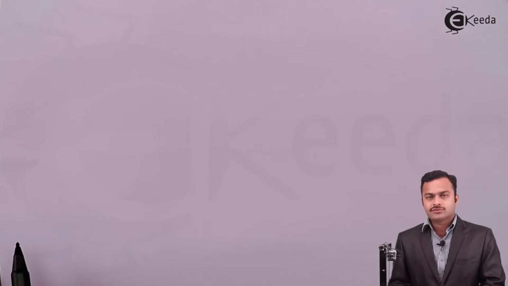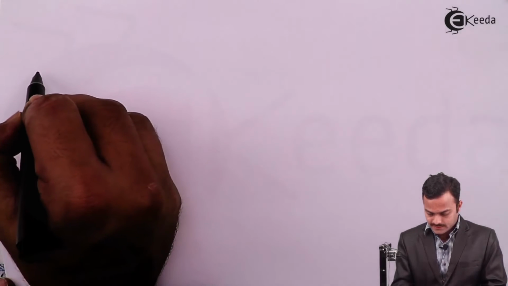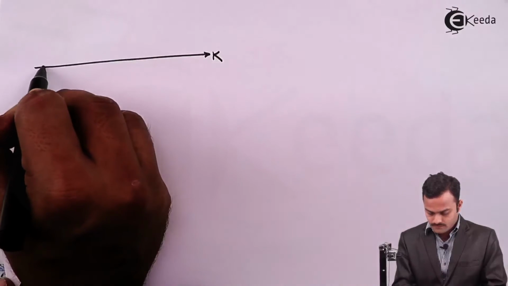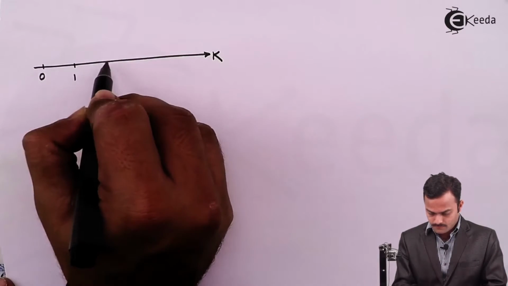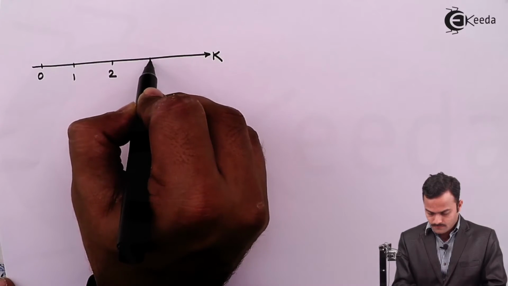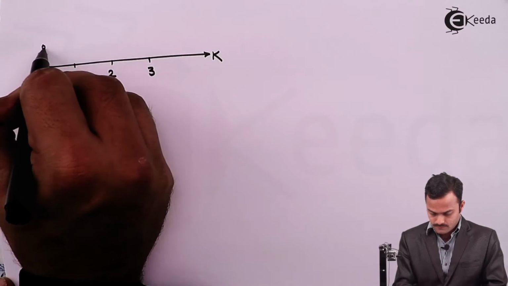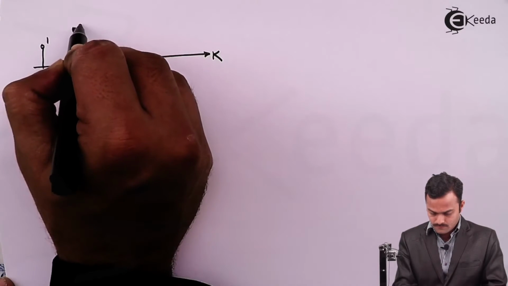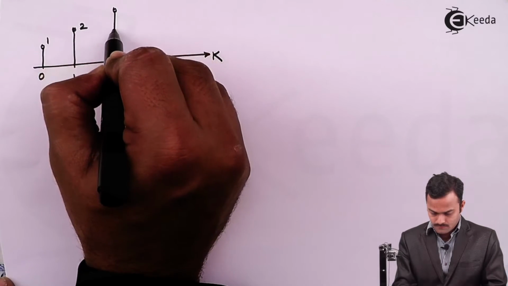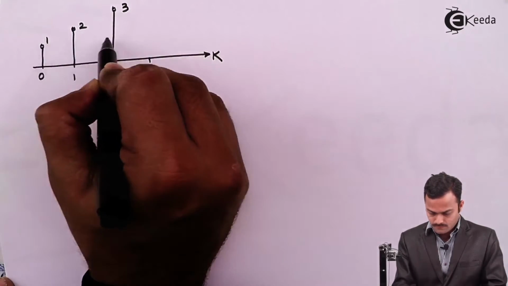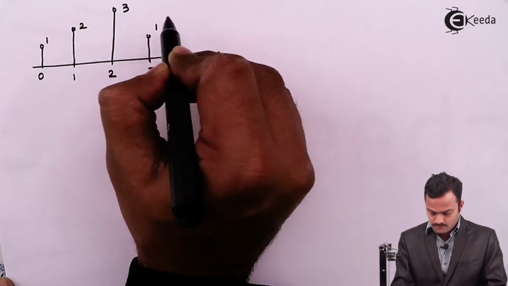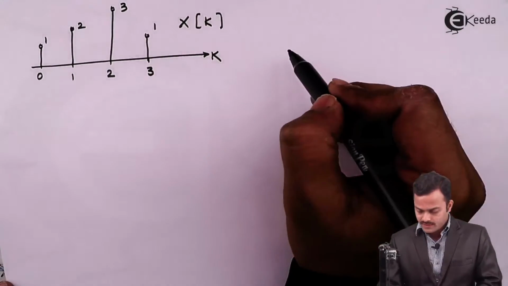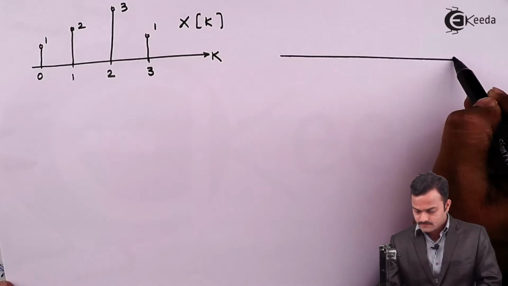So first, x of k we will get like this, and h of k is like this.